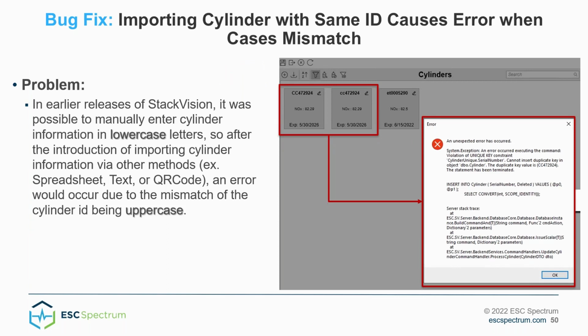Also in cylinder management, importing a cylinder with the same ID causes an error when cases are mismatched. This happened when a bottle was empty and sent back to the vendor to be refilled. The cylinder ID remained the same when the bottle was recertified.